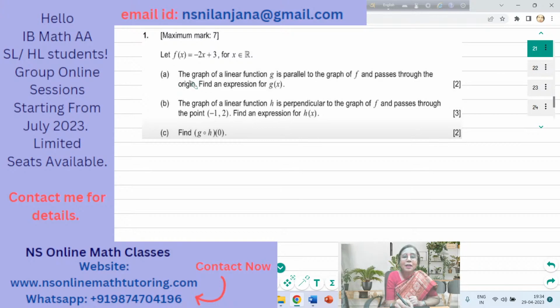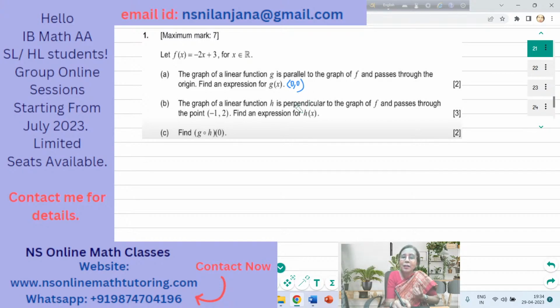Subpart A says the graph of a linear function g is parallel to the graph of f, therefore their gradients will be the same, and it passes through the origin. In order to get the equation of a straight line, you need two things.